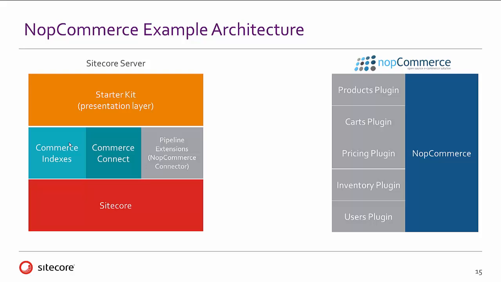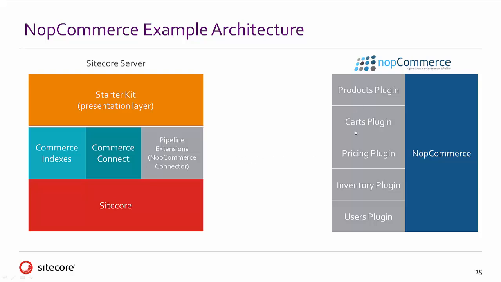Obviously, for Sitecore, you can use Lucene or Solr. In these examples, we're going to use Lucene because it will create the indexes on the fly. Now, we have the starter kit as well as an installed package. And in connecting with the external e-commerce system, in this case NopCommerce, we have the NopCommerce installation itself. So we're going to install that with example content.